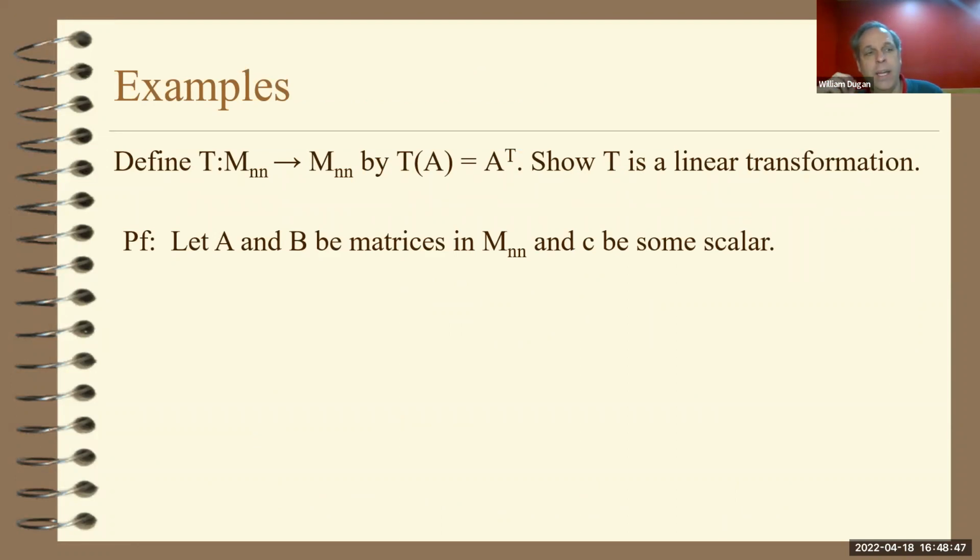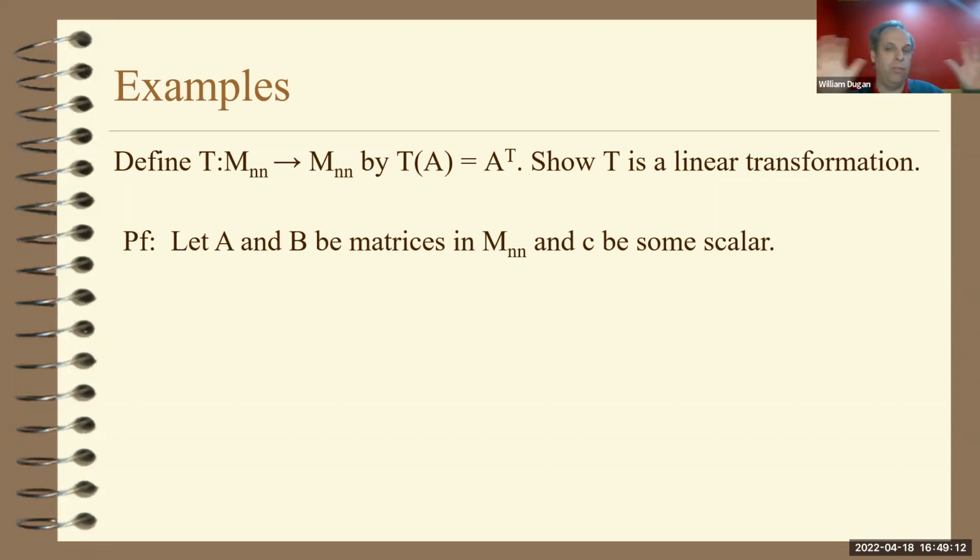So let's define a mapping that goes from M sub nn to M sub nn. Remember, that's the set of all matrices of size n by n. And the mapping will be: take any matrix A and just give back its transpose. Now, I'm going to prove to you that that transformation is actually a linear one.